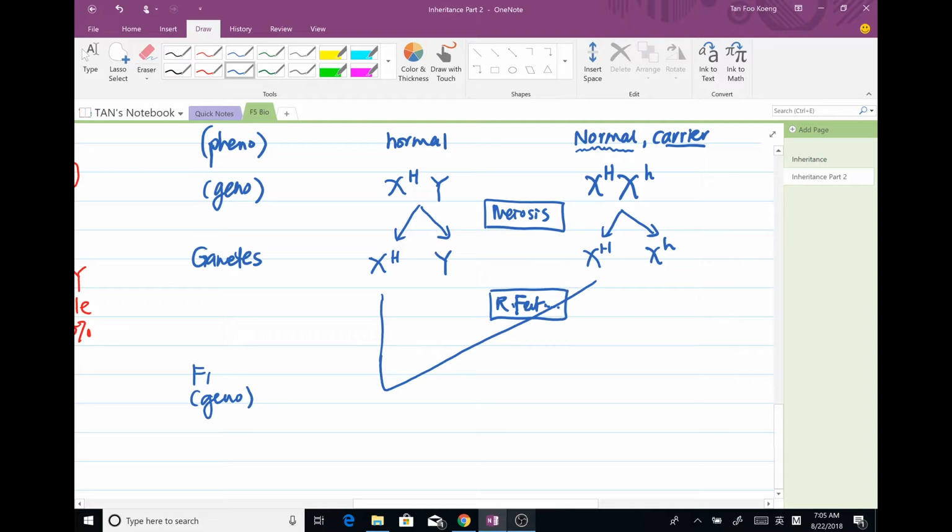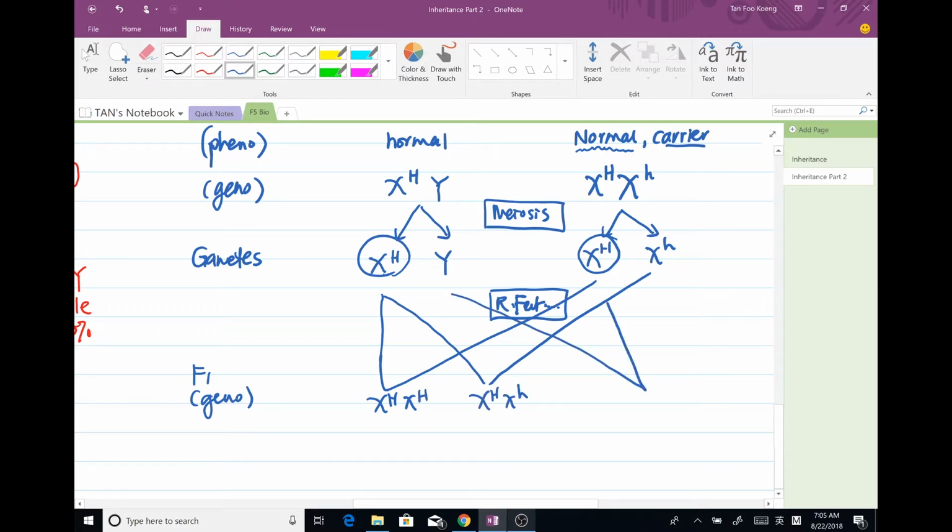Let me complete the diagram. So this one might combine with this one to give rise to X big H X big H, X big H X small h, X big H Y, and also X small h Y.